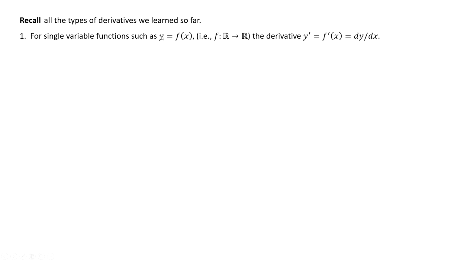It produces an output that is also a real number. That's what this is saying. Okay, f maps R to R. The fancy phrasing is actually R is the domain and this R is the codomain. But essentially what it means is you give a real number as an input, you get a real number as an output.